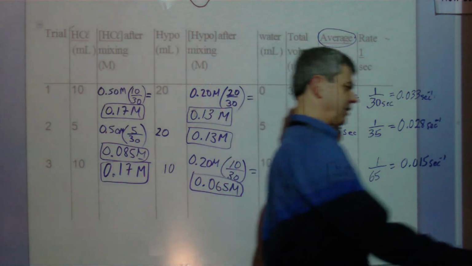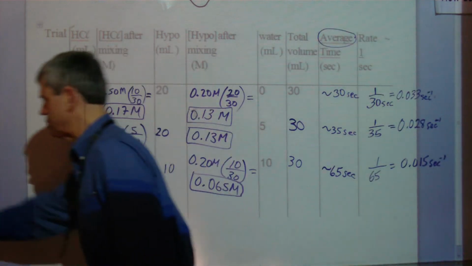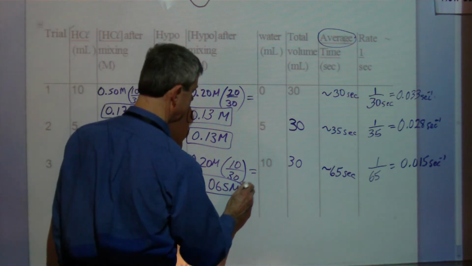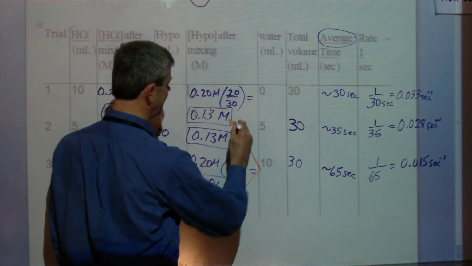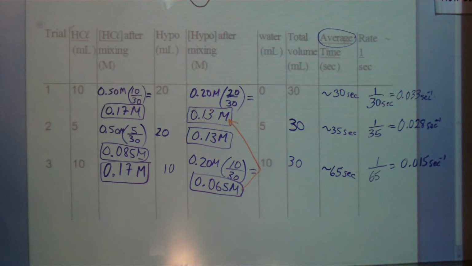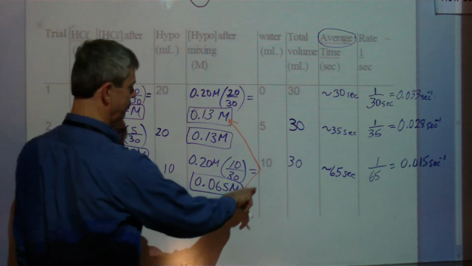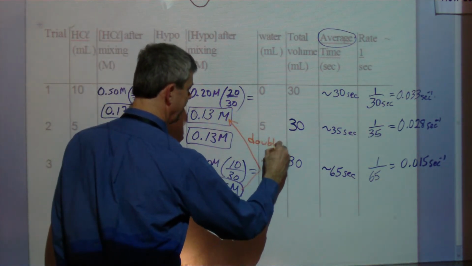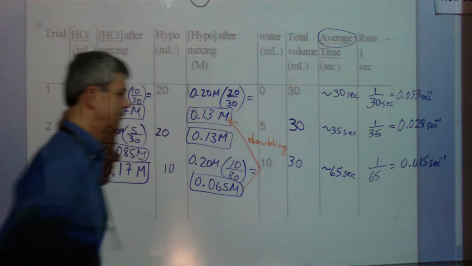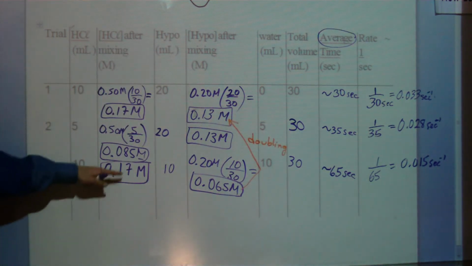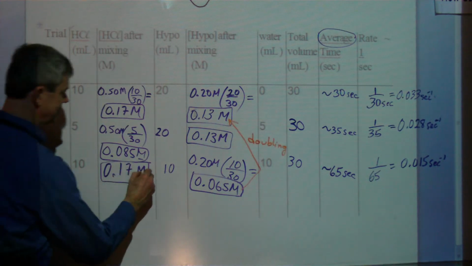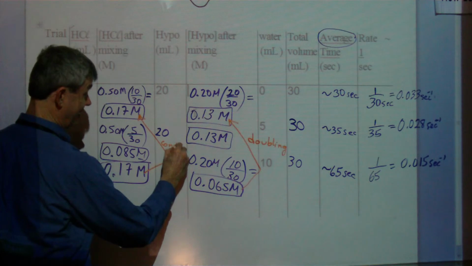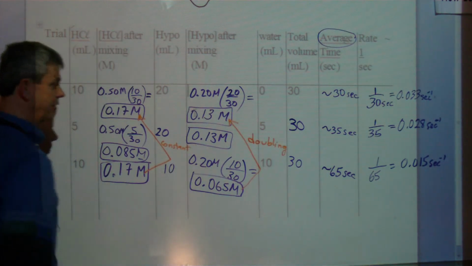Or if you want to think about it a little differently, the concentration of hypo is doubling if you go from experiment 3 to experiment 1. So I take a different color and I just look at that. From trial 3 to trial 1, I have a doubling of hypo concentration. I'm interested, since HCl concentration stayed the same or constant during that time, and I'm going to mark that as it didn't change from experiments 1 to 3.